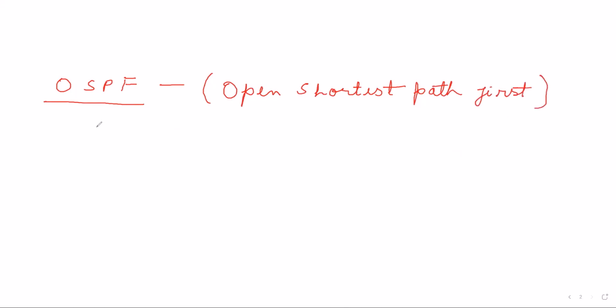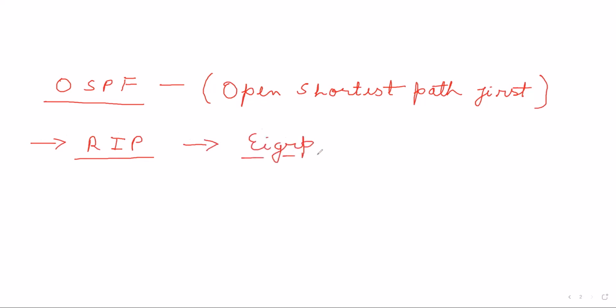So first of all, I told you about two protocols. First I taught you about RIP, that was Routing Information Protocol. Then I taught you EIGRP.